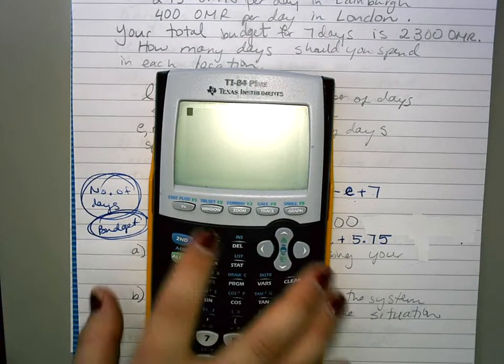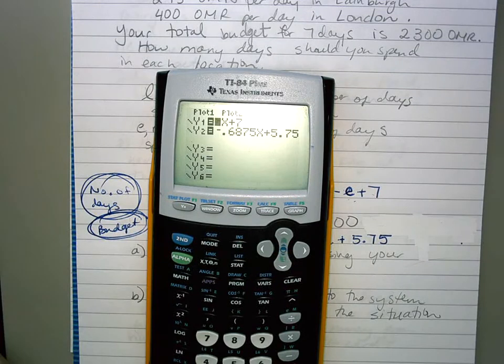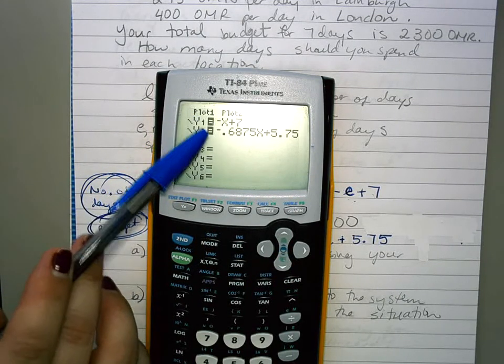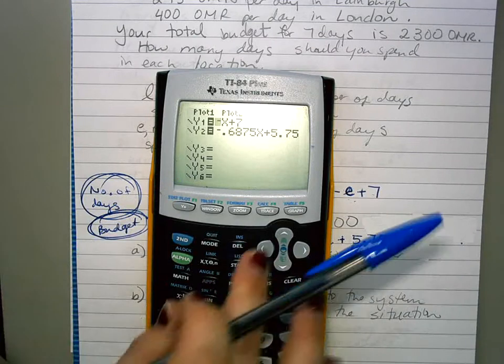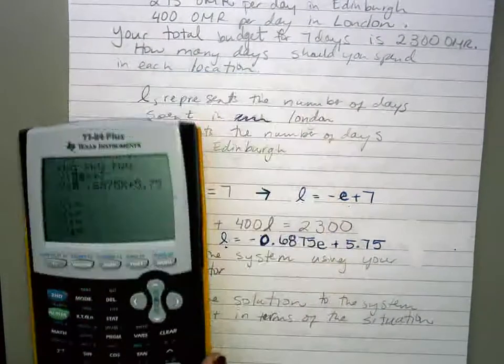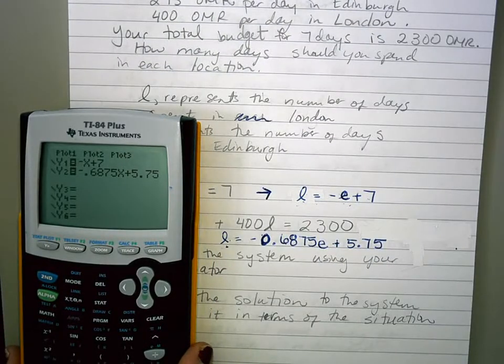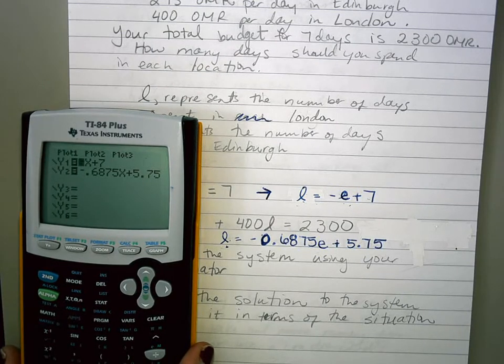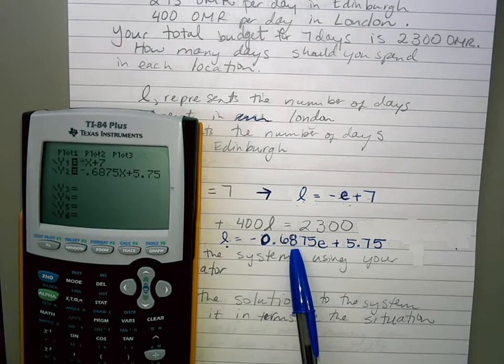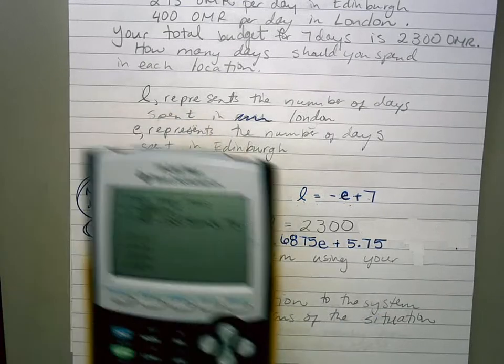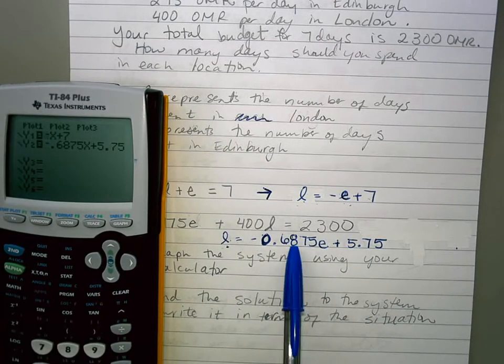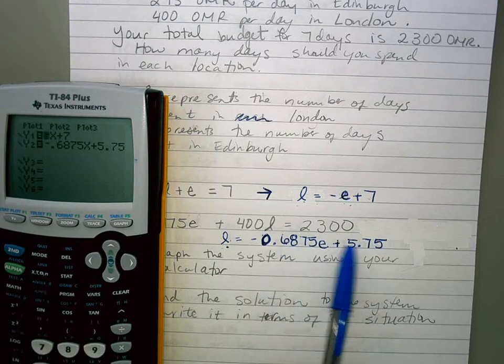In the calculator, you have to turn off plot 1 and clear any other equations, and here I have the 2 equations for the system. You can see in Y1 and Y2 they're the same. Notice for here I have chosen to use decimals instead of fractions, and that's because in this situation these numbers represent Omani Rials.